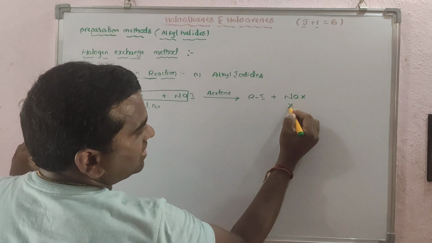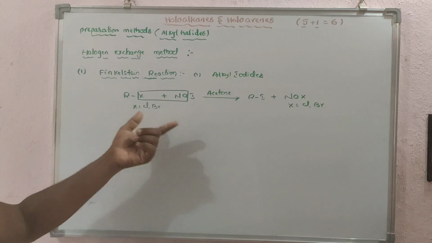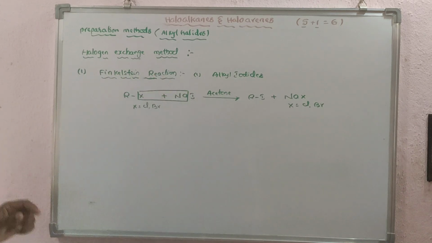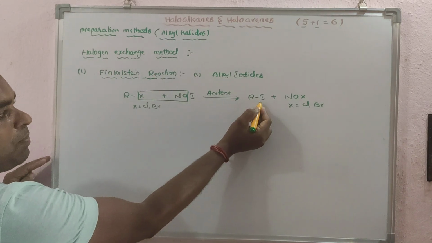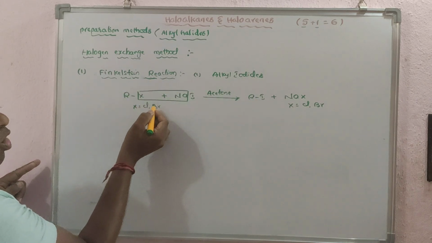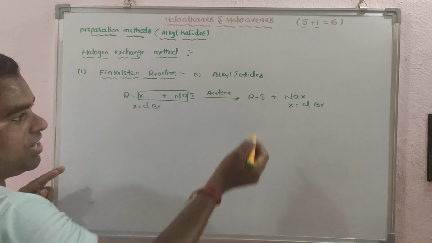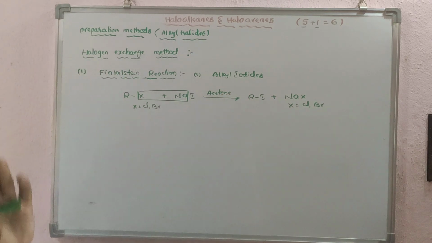What is this X here? Chloride or bromide. This reaction we will call the Finkelstein reaction. The alkyl iodides are prepared from the alkyl chloride or bromide by the treatment with sodium iodide in presence of acetone, which is called the Finkelstein reaction.